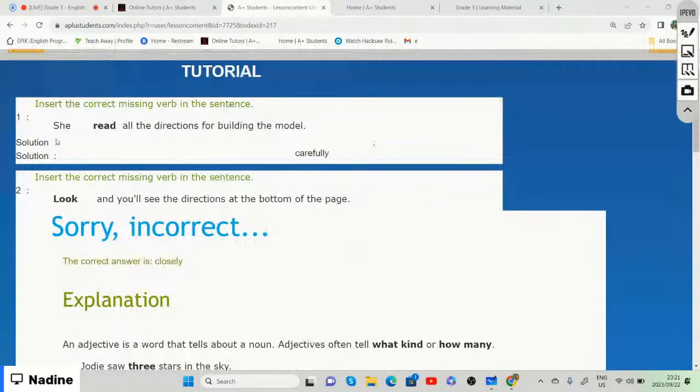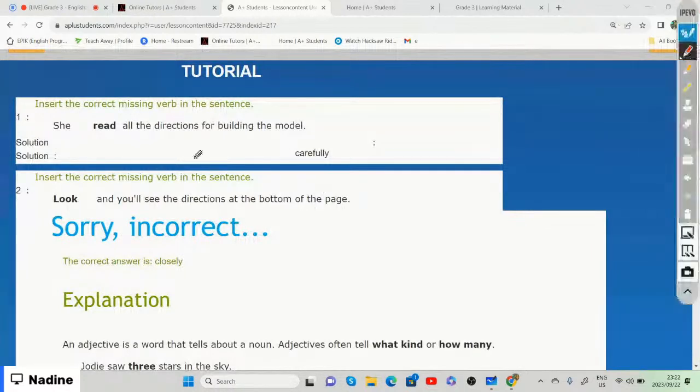She read. We need to fill in something there. Read all the directions for building the model. Basically, it's directions that she had to read. So they're saying that she carefully read the directions.